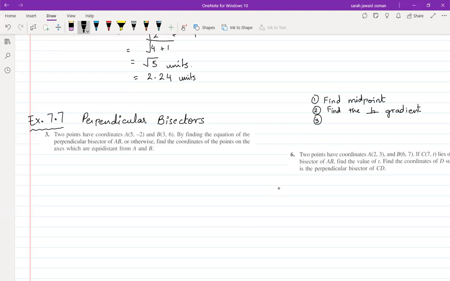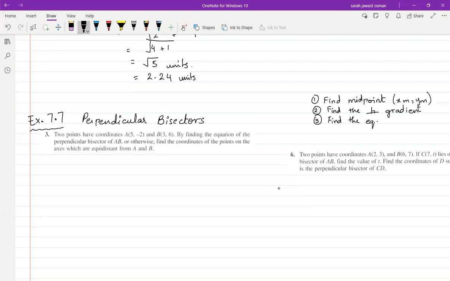The perpendicular bisector is a special line which passes through the midpoint. So when you find the equation of the perpendicular bisector, in place of x1 and y1, you're going to apply the midpoint over there.